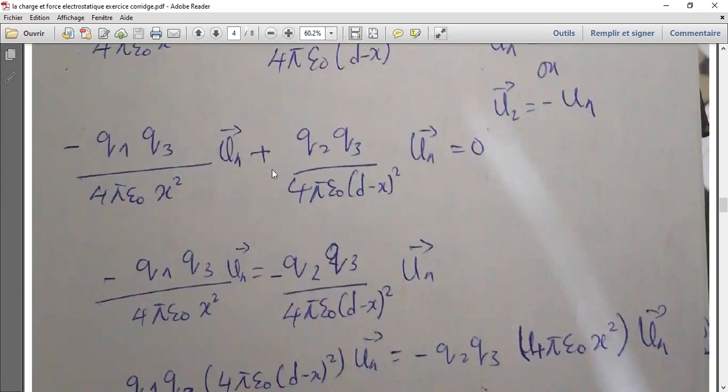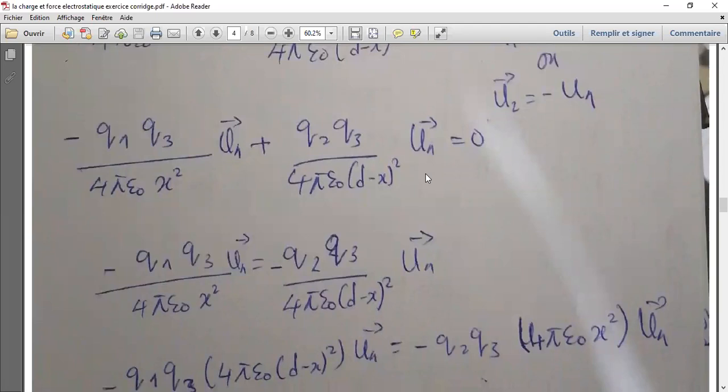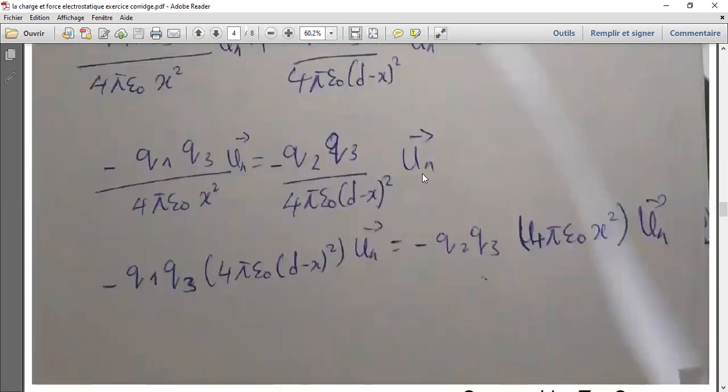So you have seen that it was positive, it will become what? Negative. Then from there, I just did cross multiplication, where I did the upper one, q1, q3, u1, times the down one when you cross the equal sign, which is 4 pi epsilon d minus x squared. This is the value here after I did the cross multiplication.